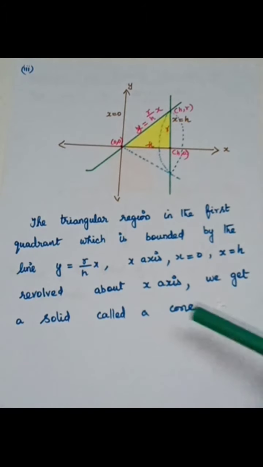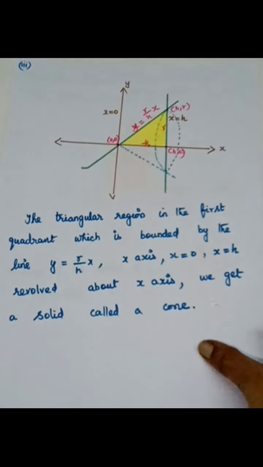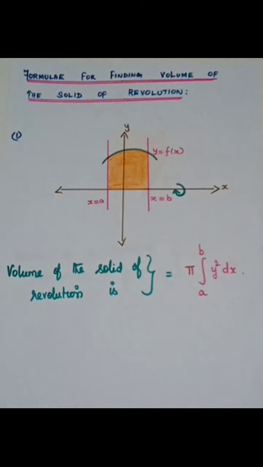We get a solid called a cone. So the area bounded by the curve, one axis, that is the x-axis, x is equal to a and x is equal to b, when it revolves about any axis, you will get a solid. Using integration, we are going to find the volume of the solid.